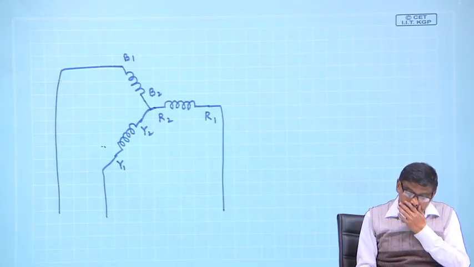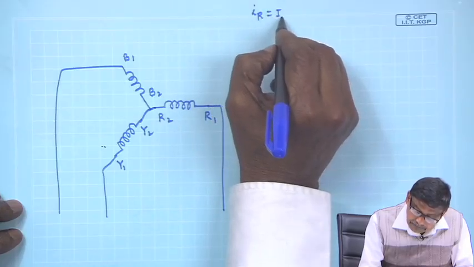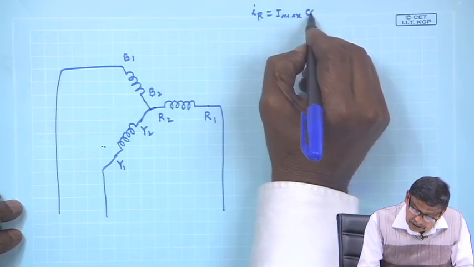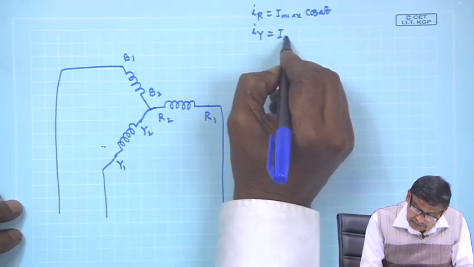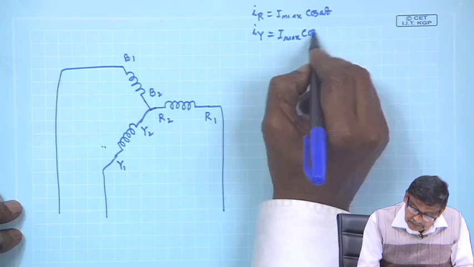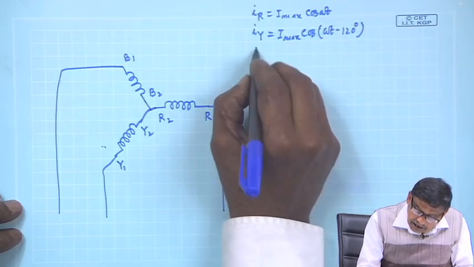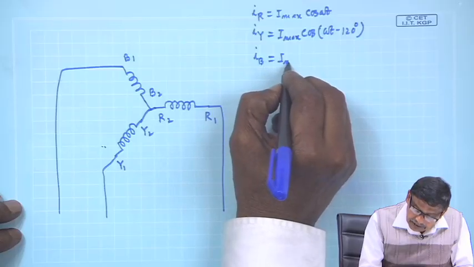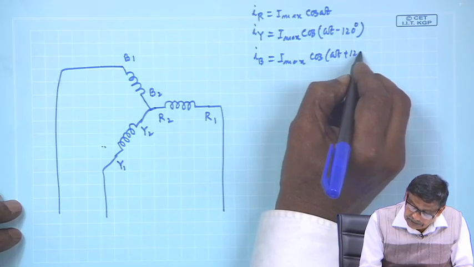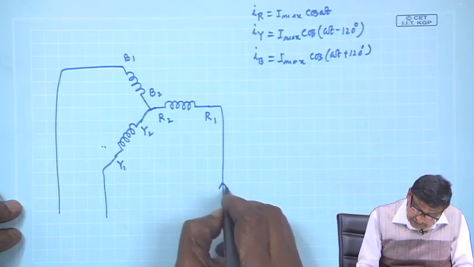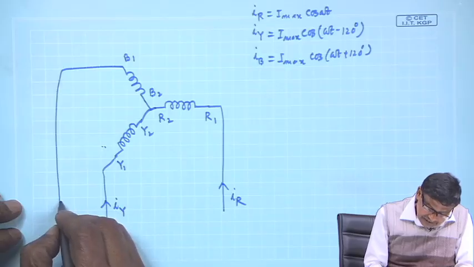Okay. And I have assumed that I r is equal to I max cosine omega t, these are the currents, I y is equal to I max cosine omega t minus 120 degree, phase sequence is R Y B, and I b is equal to I max cosine omega t plus 120 degree. And what are these? These are the instantaneous values of the currents I r, I y and I b.